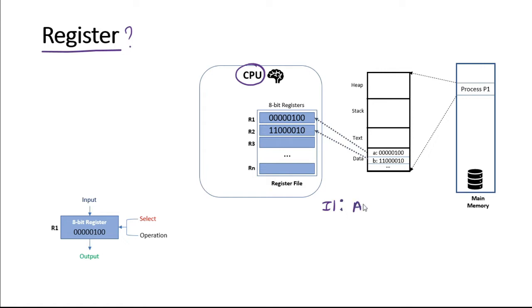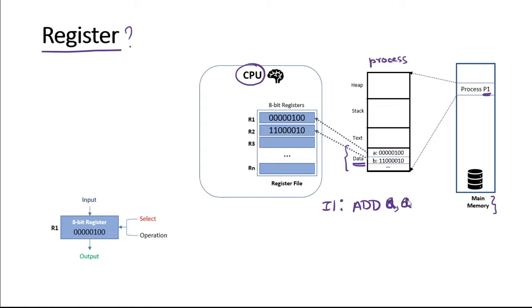I1 is add a comma a. Now a here is actually a variable present in the data part of a process, process P1, which is also part of main memory. Inside this process there is a sub part, the data part, and inside the data part there is a variable called a. Suppose it is a global variable.